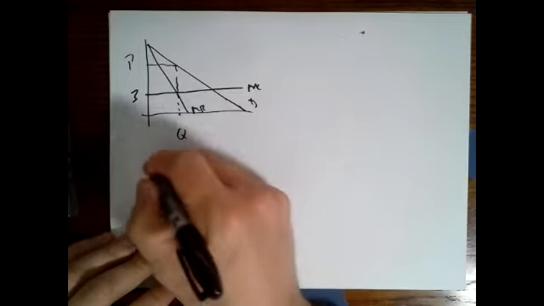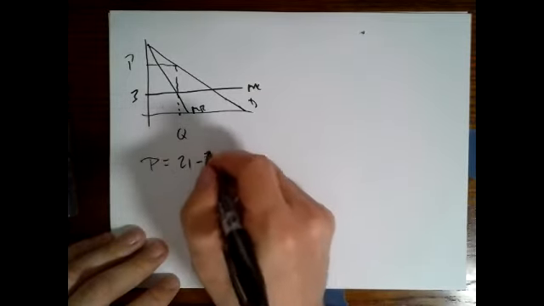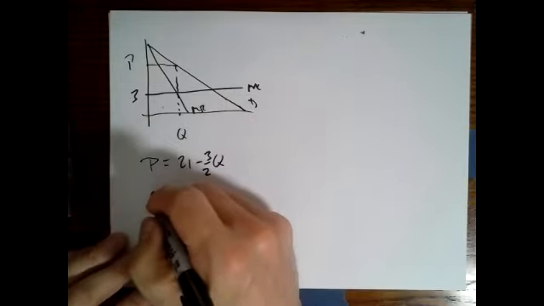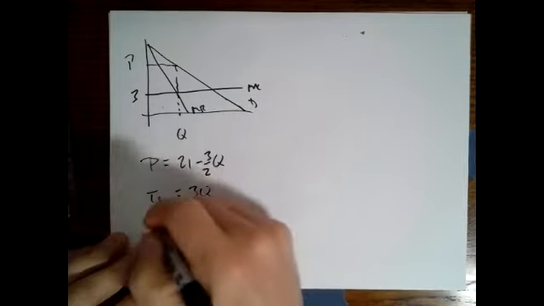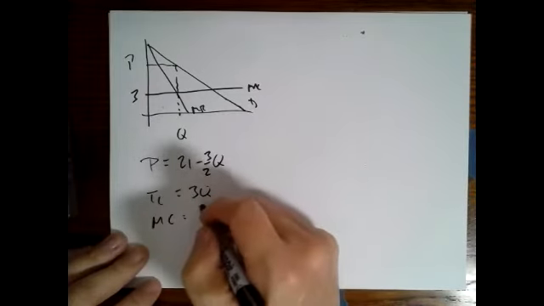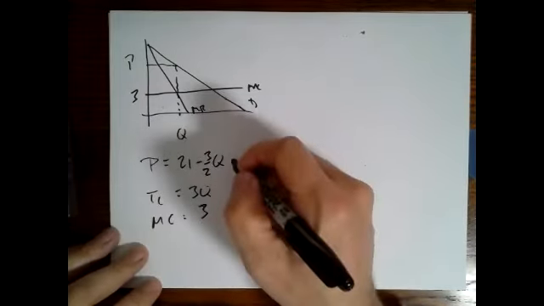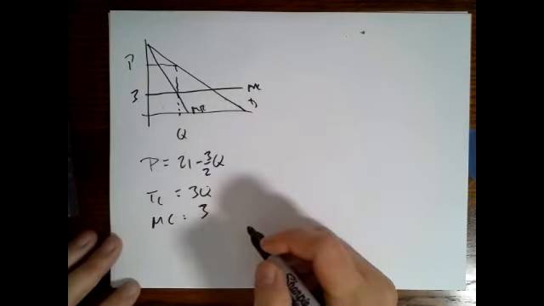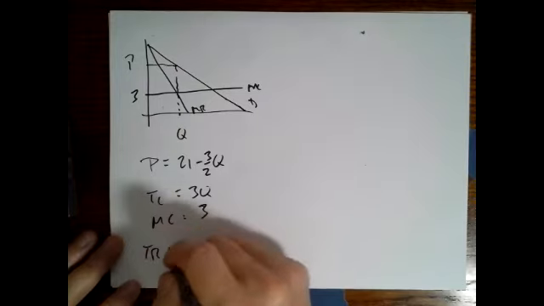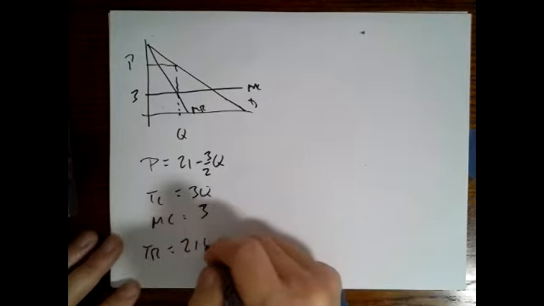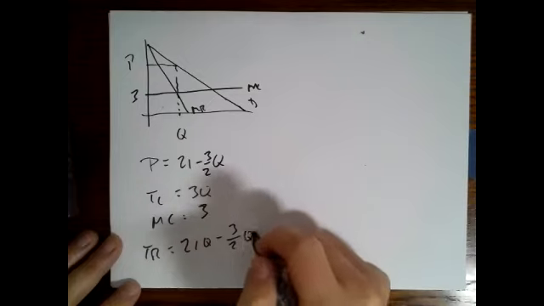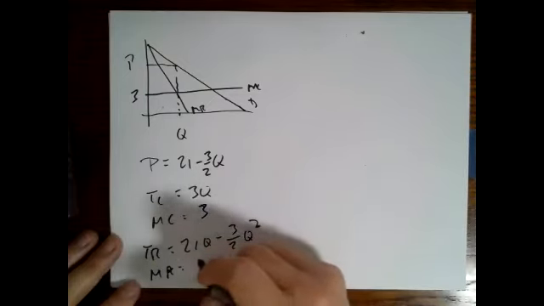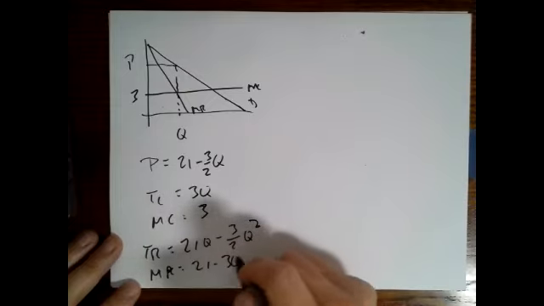The result here is, our inverted demand curve is P equals 21 minus 3/2 Q. Our total cost is 3Q, so therefore our marginal cost is 3, right? Our price of 21 minus 3/2 Q gives us a total revenue function of 21Q minus 3/2 Q squared, which gives us a marginal revenue of 21 minus 3Q, right?